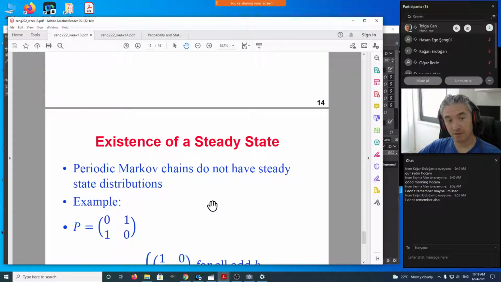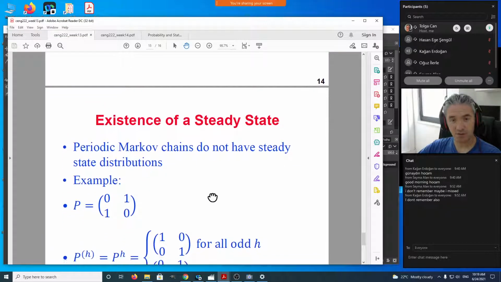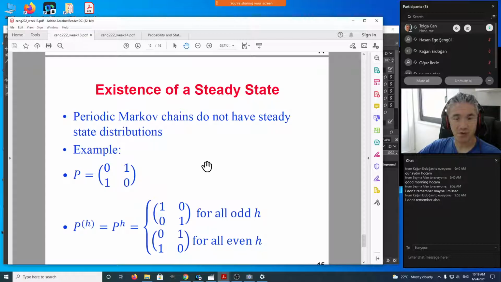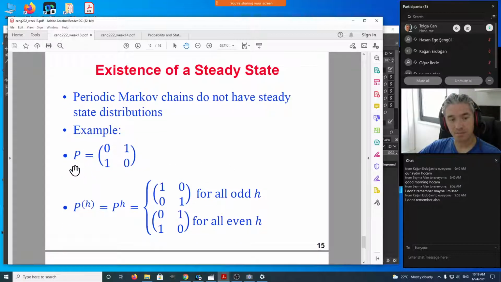And the final thing we are going to talk about here, before we go to section 6.3, is the existence of a steady state. In certain state transitions like this one that I mentioned earlier, if you're at this state, you go to the other state, and if you're at that state, you go to the other state.